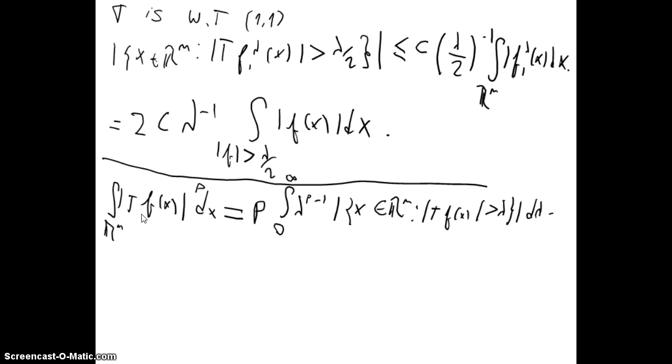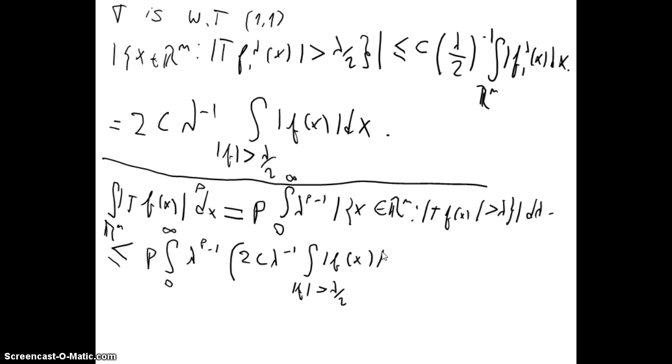And now we will use this: it will be less than or equal to p times the integral from 0 to infinity of lambda to the p minus 1 multiplied by 2c lambda to the minus 1 times the integral over the set where f is greater than lambda over 2 of f of x dx, d lambda.